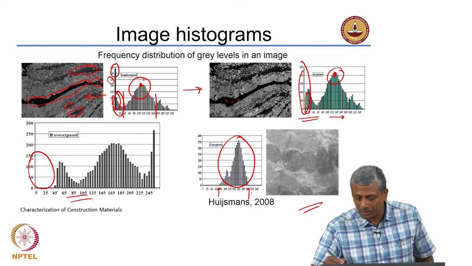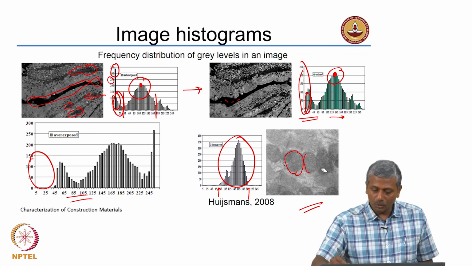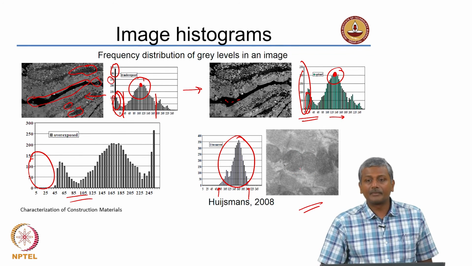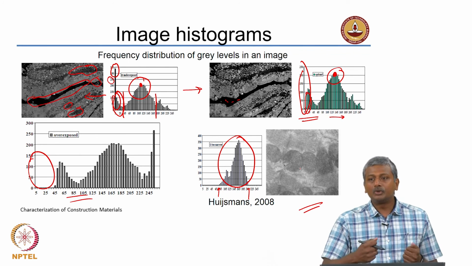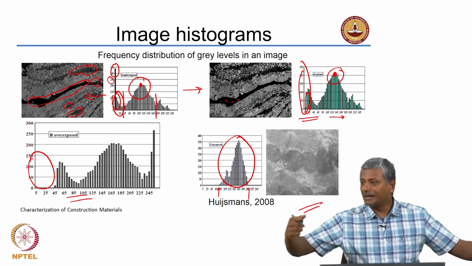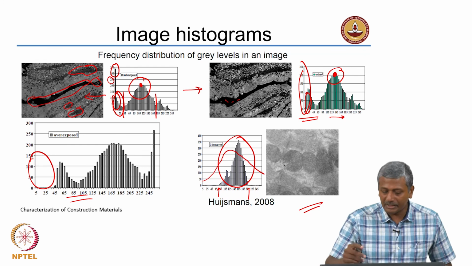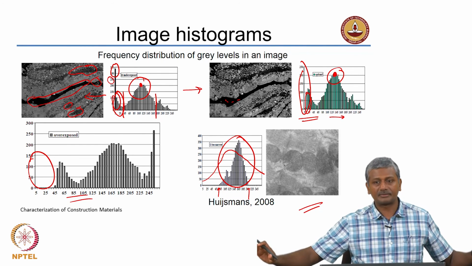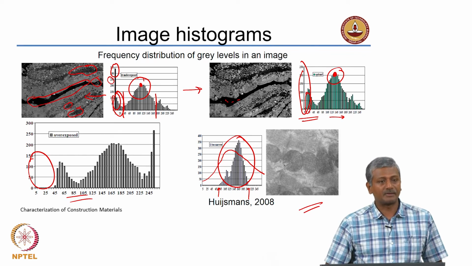You are not able to clearly distinguish these circular features well enough, right. What you would have to do in this case is increase the contrast. When you increase the contrast, you increase the distance between the lowest and the highest gray levels, so you spread it out.